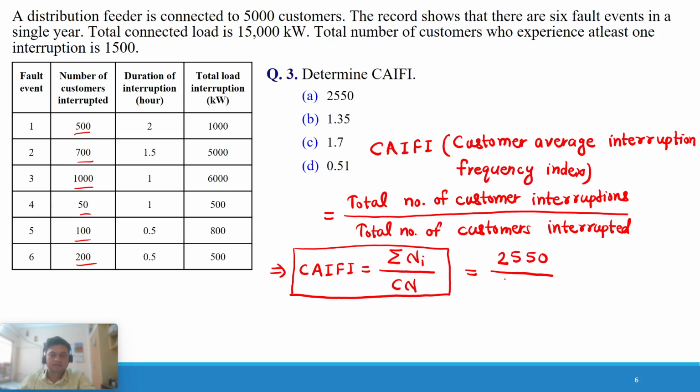So it is 1500. So this will give you 1.7 interruptions per customer interrupted.